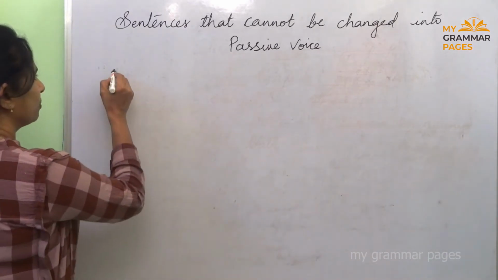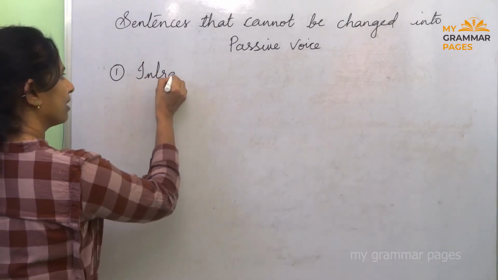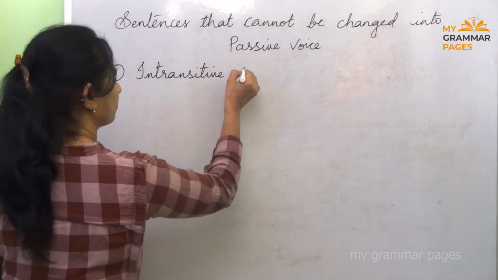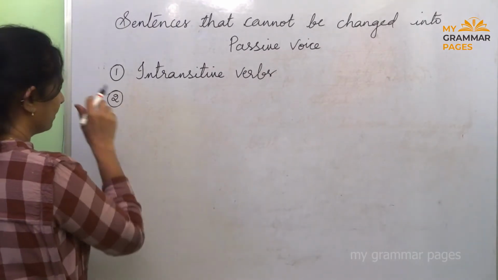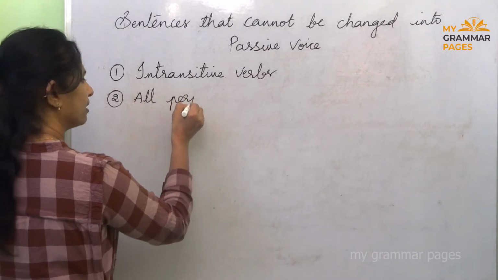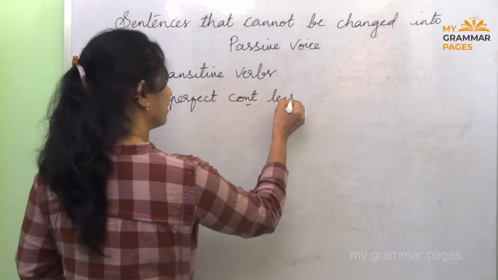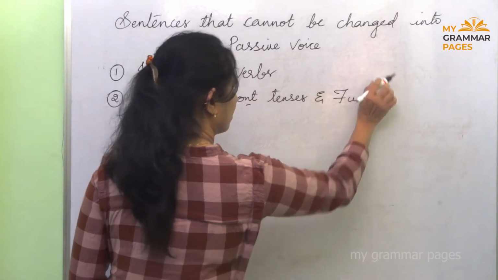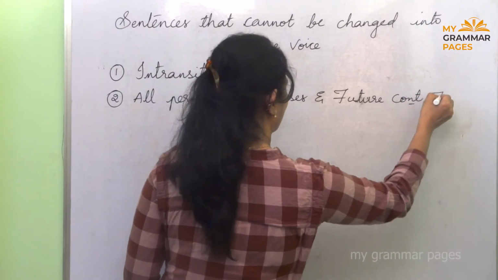Now, the first one is the sentences with intransitive verbs. And the second one, all perfect continuous tenses and future continuous tense.